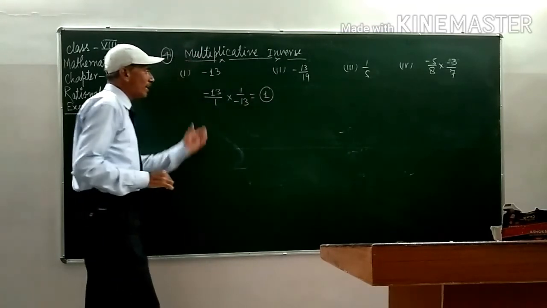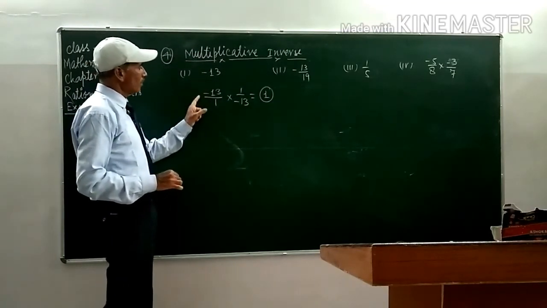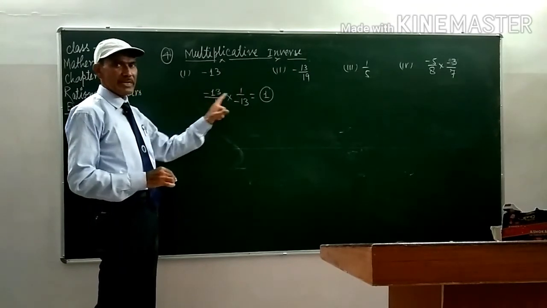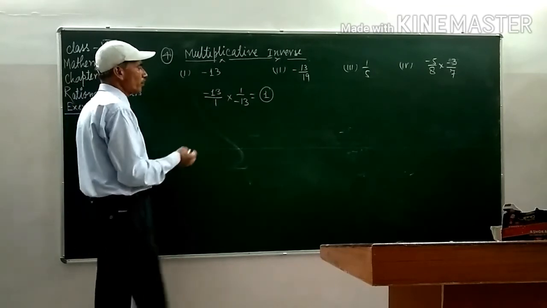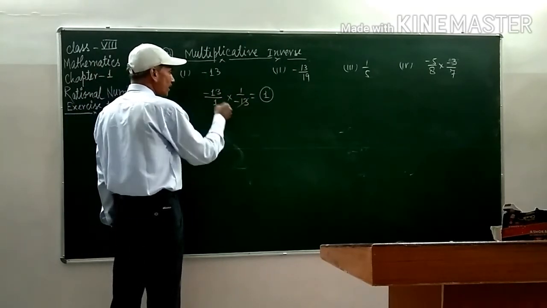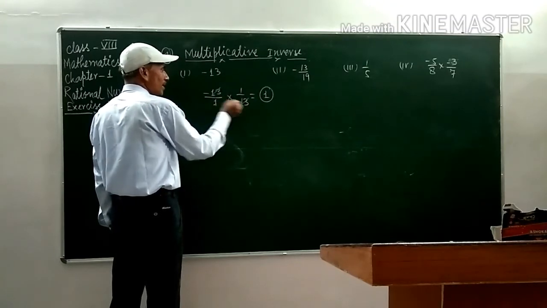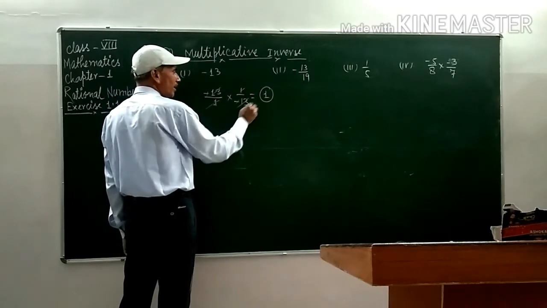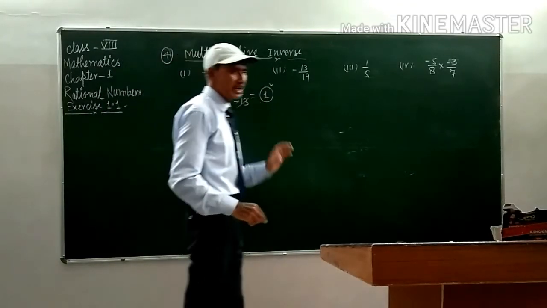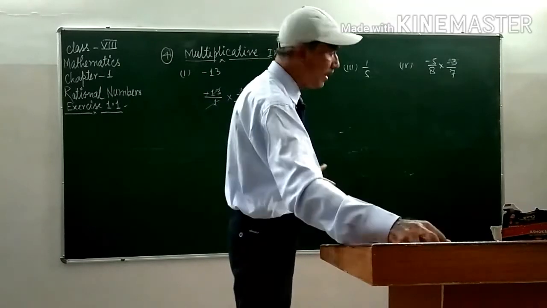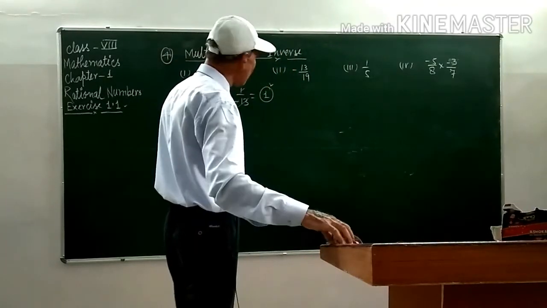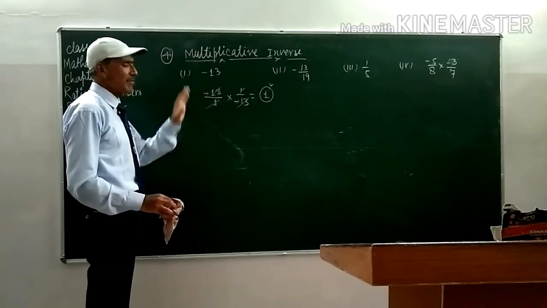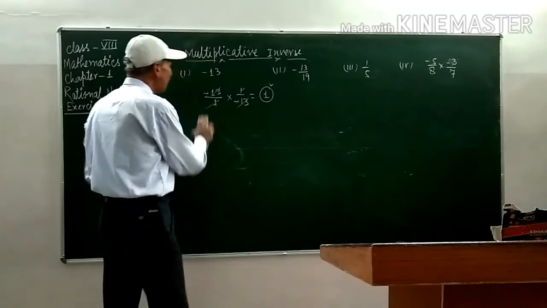Okay students, if you take a negative number, its multiplicative inverse will also be a negative number. So 13 is reduced by 13, and minus and minus cancel, and the whole answer will be 1, because 1 is the multiplicative identity. If the product is a multiplicative identity, then these numbers are multiplicative inverses of each other, meaning reciprocals of each other.